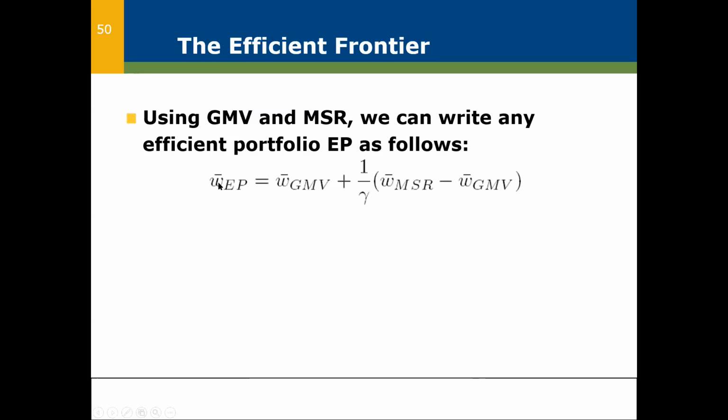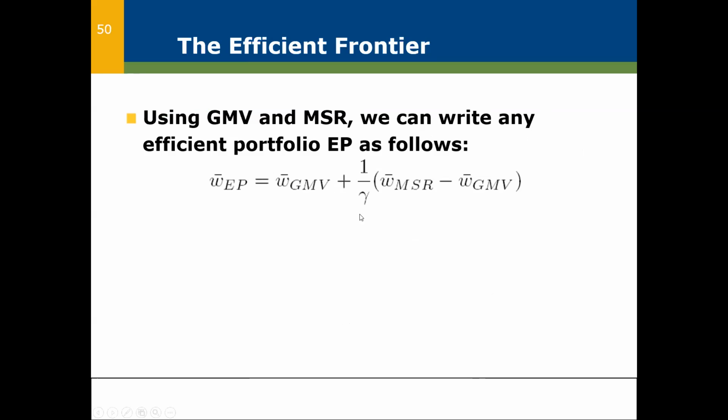And so that means any portfolio along the efficient frontier can start with the minimum variance portfolio, and then layered on top of it is a long-short portfolio of the maximum Sharpe ratio portfolio and the minimum variance portfolio. So this is actually a very elegant result.